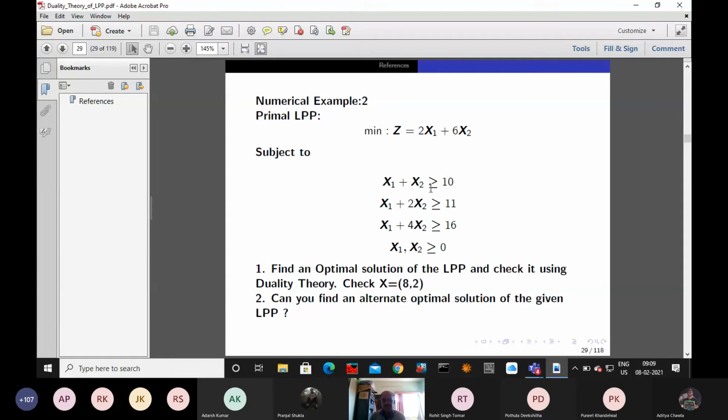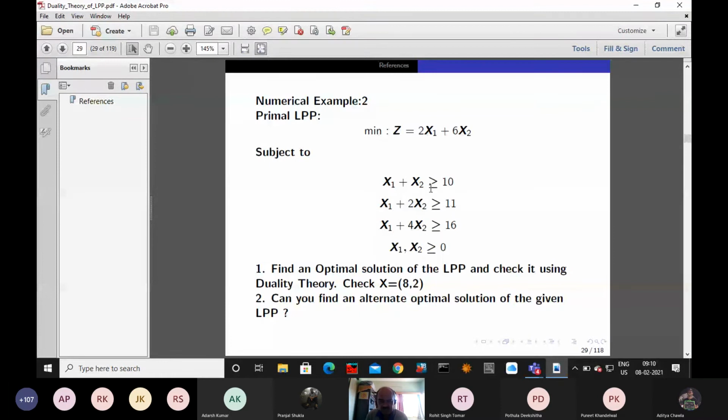See, we are checking whether 8, 2 is an optimal solution or not. If it is an optimal solution, then all the 5 pairs of the complementary conditions will be fulfilled.